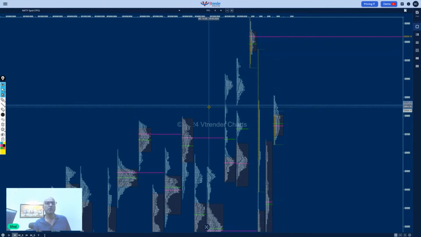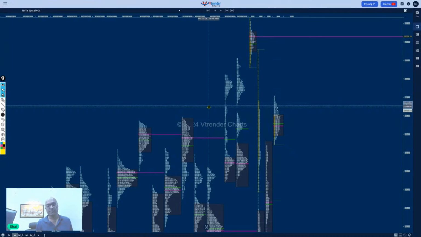The question is, if the 23,150 is not taken out, is the top made for the rest of the year? That's a complex question. I'm not at all saying that the top is made at all. What we are doing is finding ourselves in a position where the market has rejected a higher profile, but it's not met supply lower.